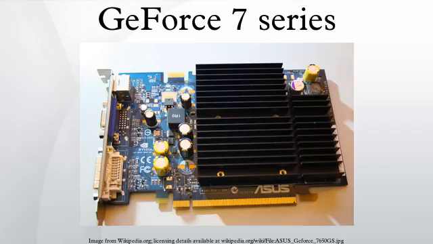GeForce 7950 GT. On September 14, 2006, Nvidia released the 7950 GT. Announced with a 550 MHz core clock, 700 MHz memory clock, and 24 pixel shader units. Standard configurations come equipped with both 512 MB GDDR3 memory and HDCP support.